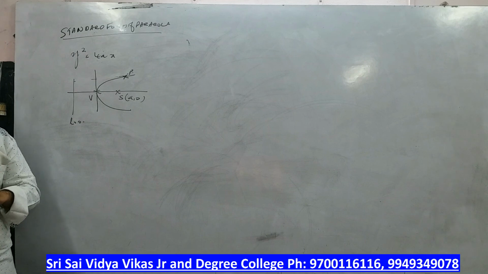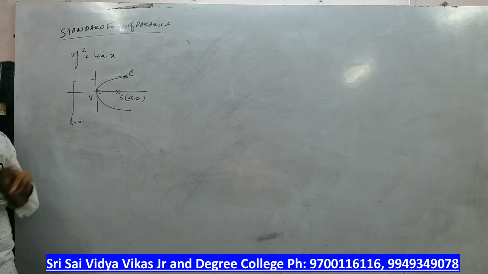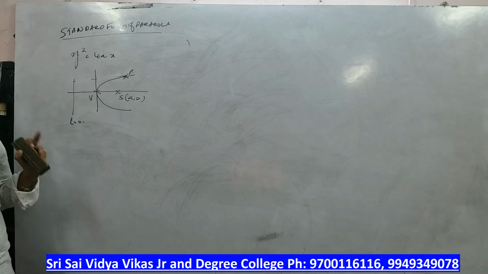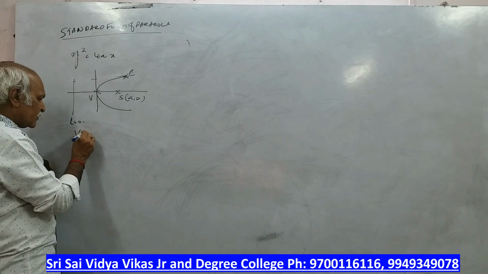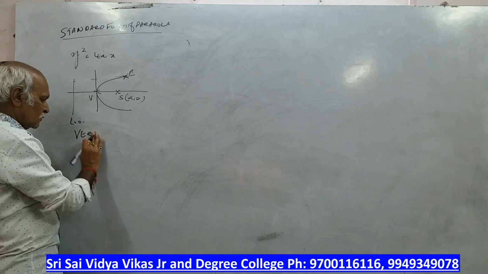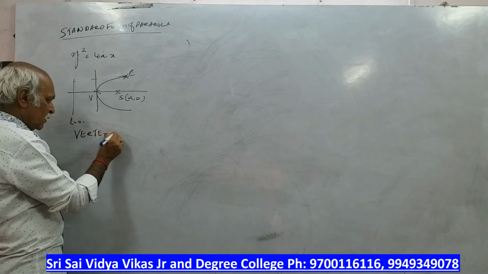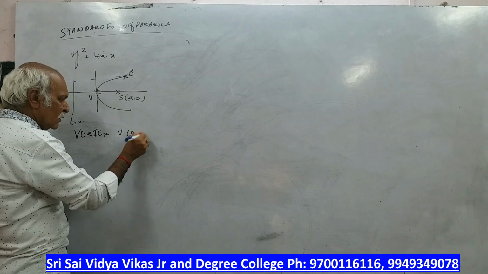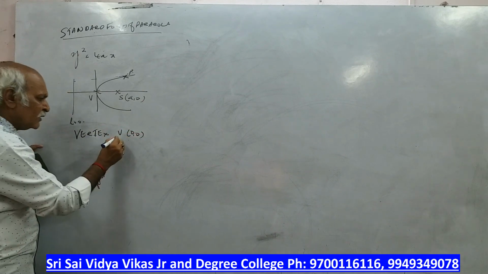Center and radius. For a straight line we say slope. For parabola also we have to identify first the vertex is V (0, 0). Sometimes they denote it as A, but otherwise V.